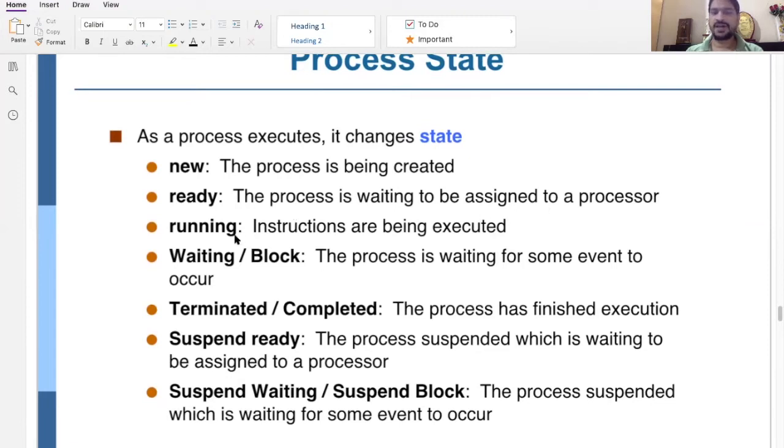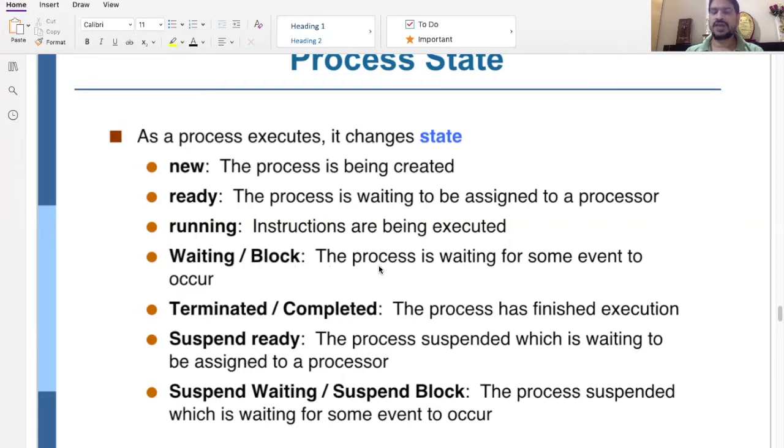Then we have running state, when the instructions inside the process are executing in the CPU. That particular state is called running state. Then we have waiting or block state, when the process is waiting for some event to occur. Generally, a process is ready to run, but sometimes it needs some IO operations to perform.